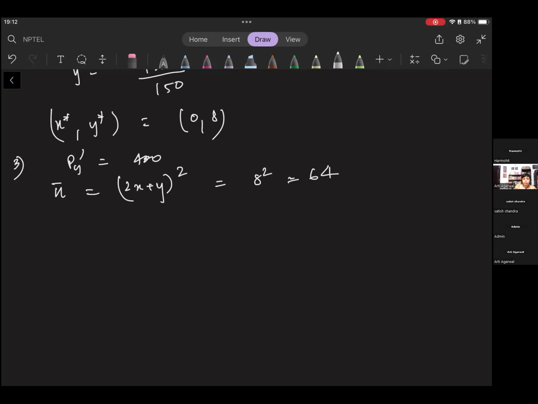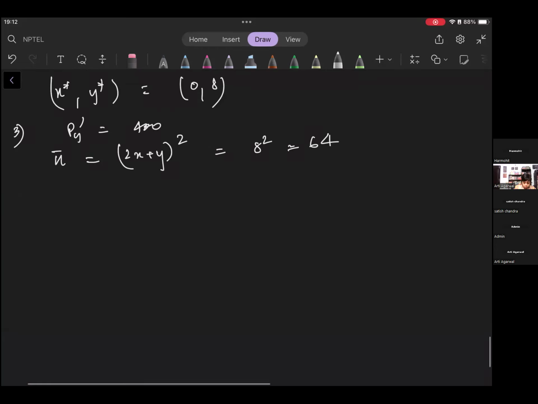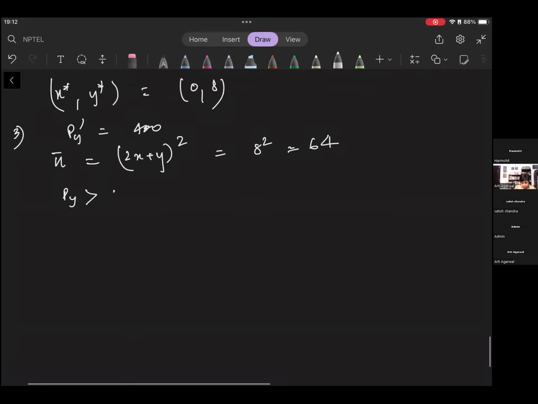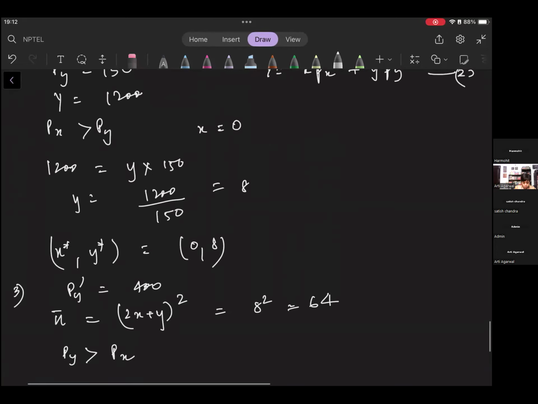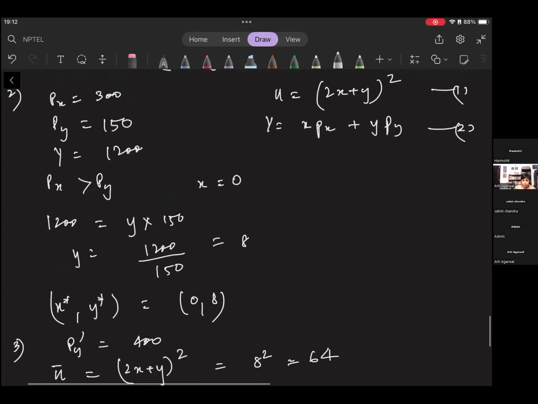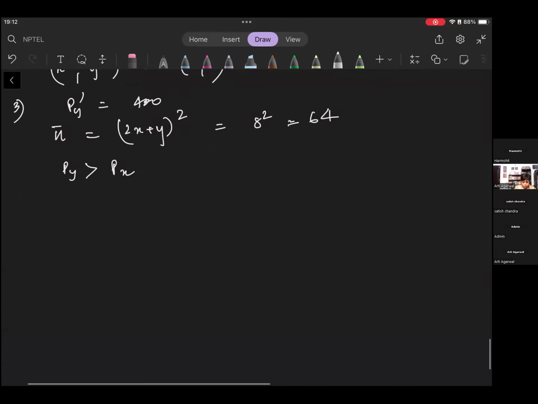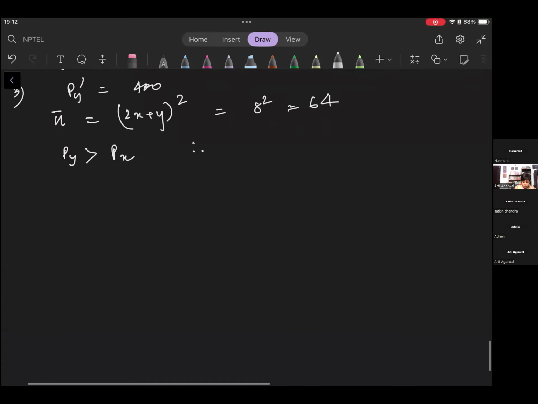What we do when we're calculating Hicksian demand is hold utility constant and then find the new values of x and y. Now, we are given that the price of y has increased. So Py is greater than Px now. Px was 300, now Py is 400. Therefore, what is going to happen? Y is equal to 0. Y will not be consumed. Only x will be consumed, right?